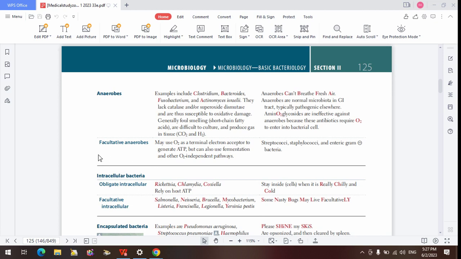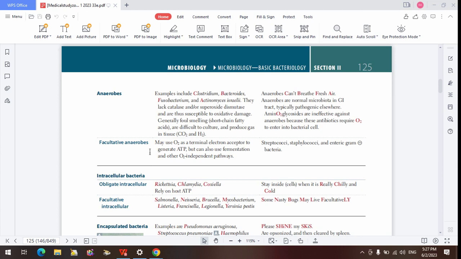Yeah. So facultative anaerobes are organisms that can behave like normal aerobic organisms and can also behave as anaerobic organisms, depending on the situation where they find themselves. And you remember when we were talking about the electron transport chain, that's a condition that can happen in the presence of oxygen, because the electron transport chain is also known as oxidative phosphorylation. So oxidative, you need oxygen.